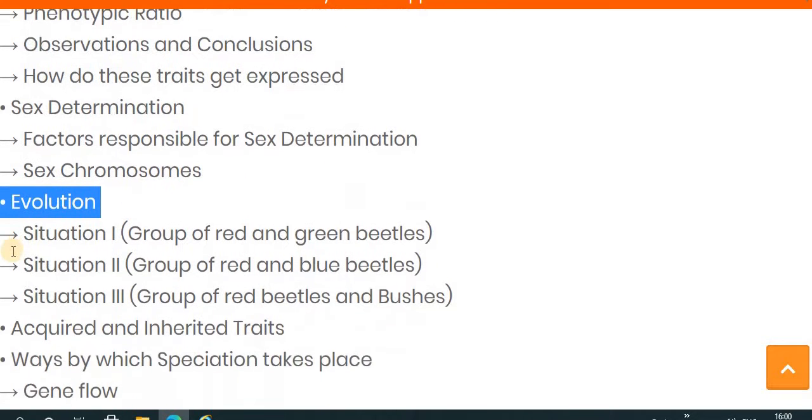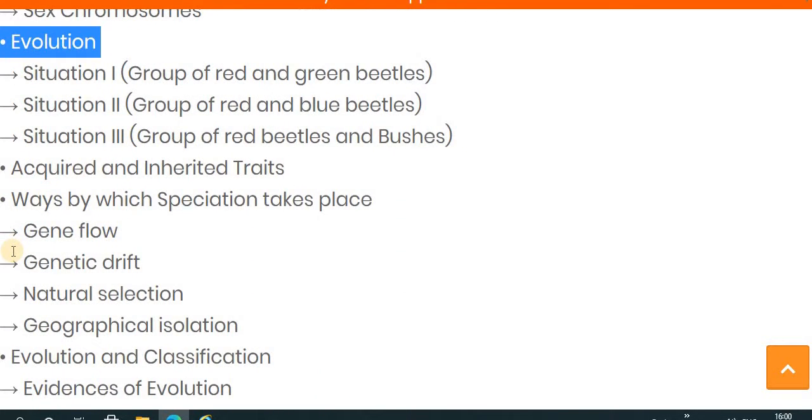Later on, the evolution part. In that we will study three kinds of situations.